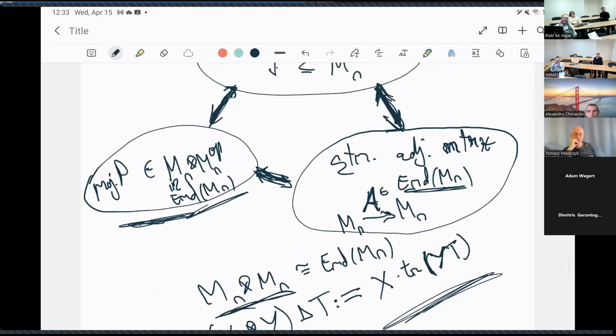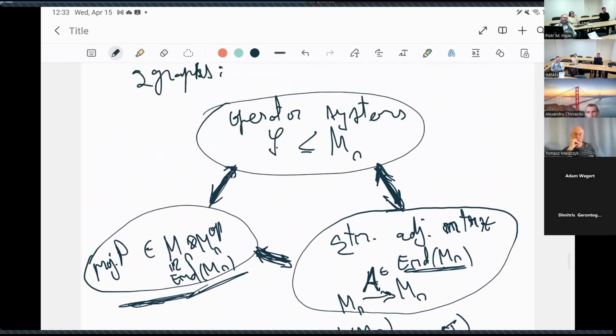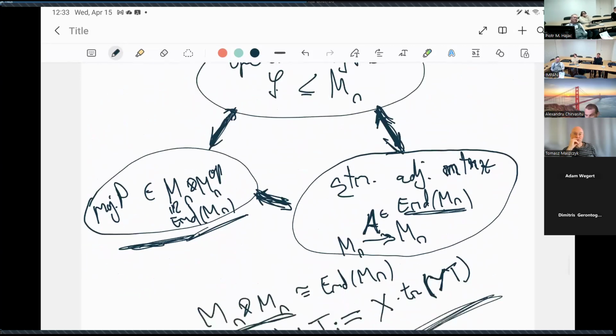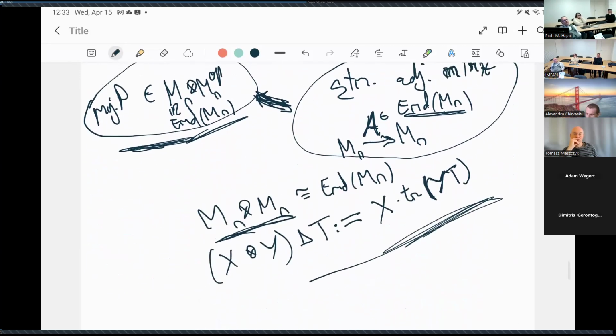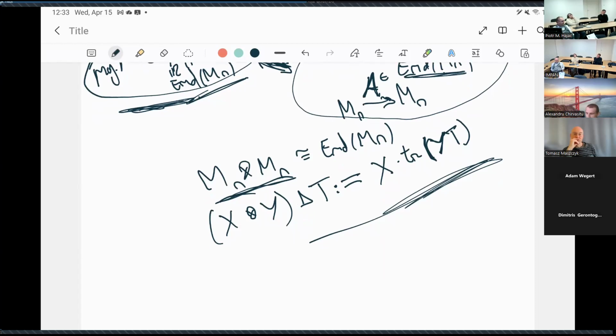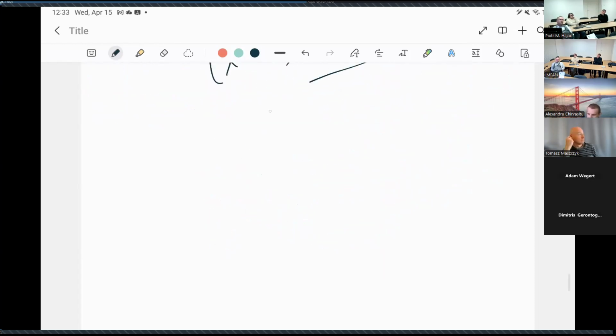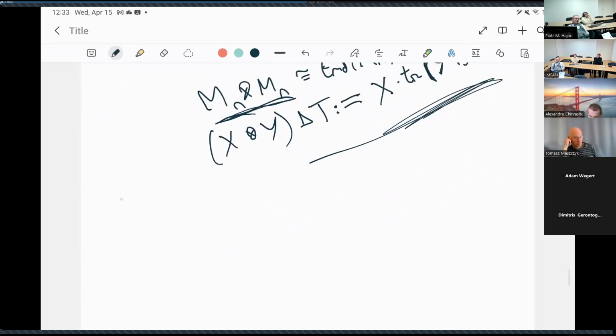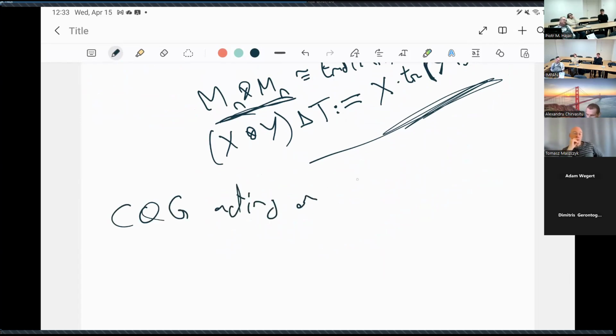Okay, so now, which of these afford us good notions of quantum symmetry? Well, what should I mean by quantum symmetry? First of all, whatever you mean by symmetries of a graph, those symmetries are certainly going to leave invariant the underlying space of vertices of the graph. So at the very least, I need to make Mn a CQG acting on a quantum graph.